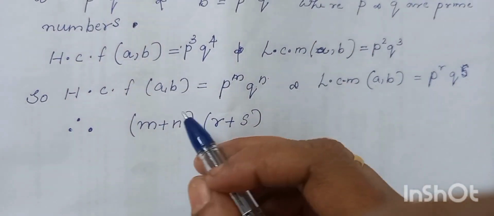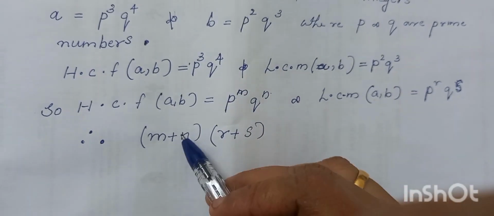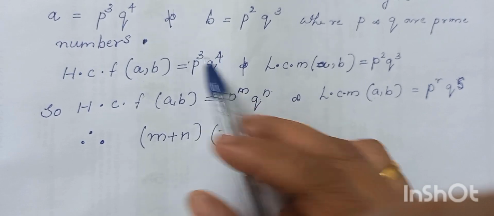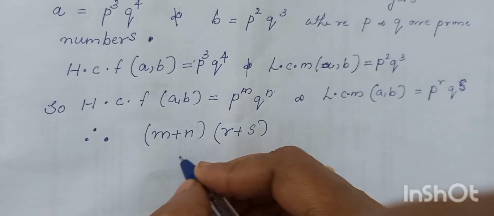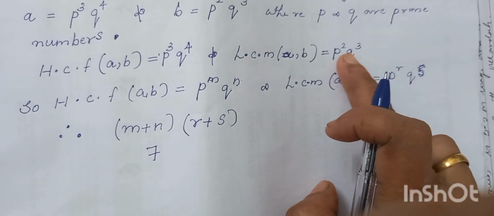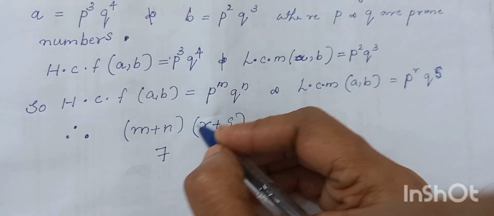Then m plus n means 4 plus 3. What is 4 plus 3? We can write it is 7. What is r plus s? r plus s is equal to 5. Here it is 5.